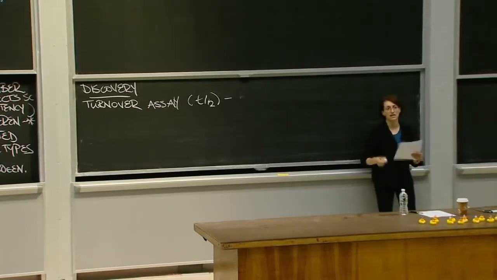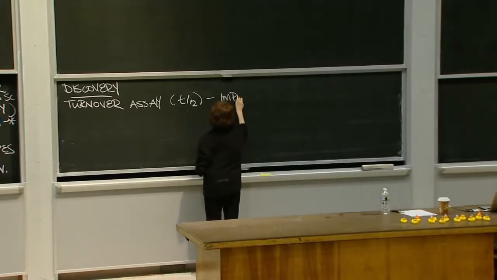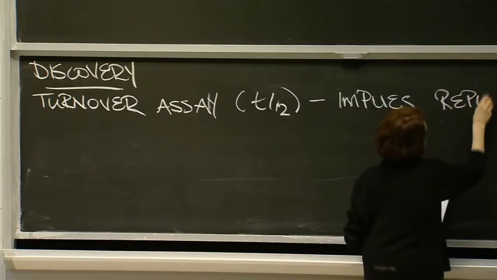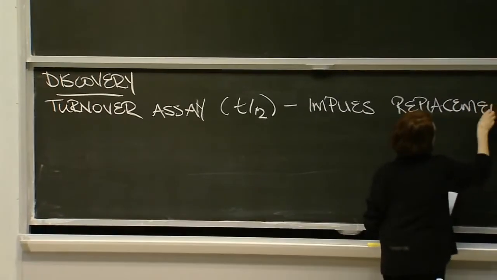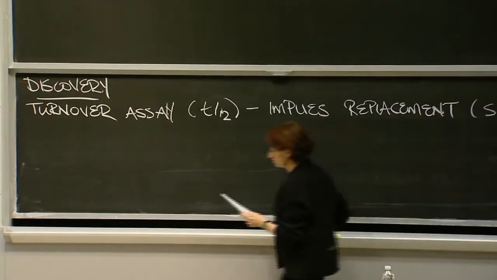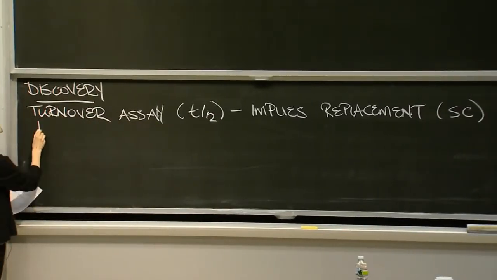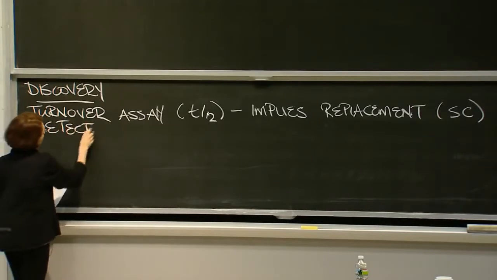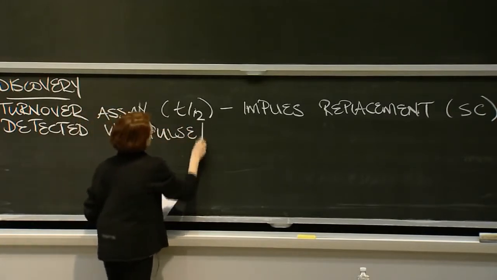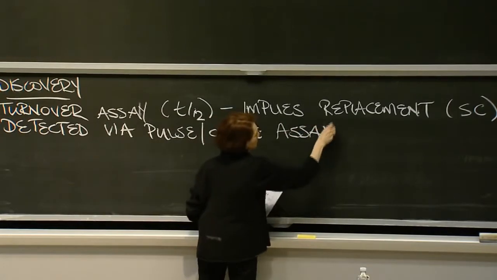They turned over, they died, and they were replaced by new cells. And this turnover assay implied that there was some kind of replacement, and the cells doing the replacement were called stem cells. You find this by a pulse chase assay, which we'll go over on your handout in a moment.